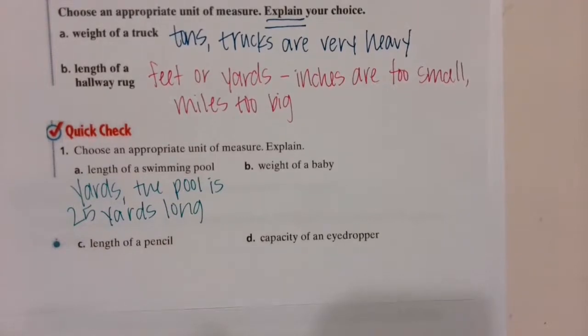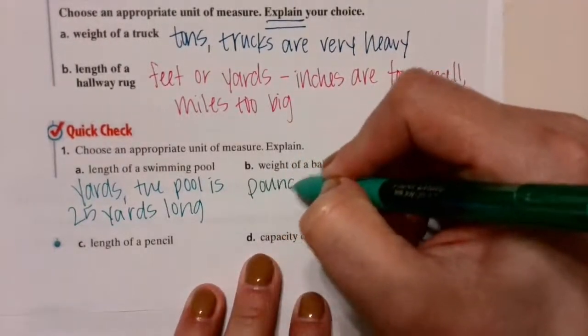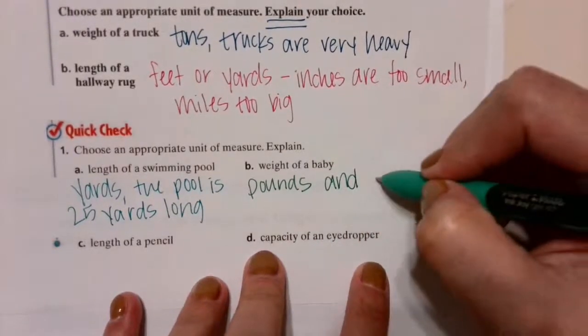Okay, so for the weight of a baby, some people will say that they would measure it in pounds and ounces, but if we were to weigh the entire baby all in ounces, that would take a while. So we're going to go with pounds and ounces.